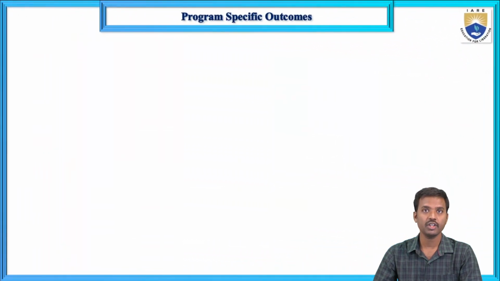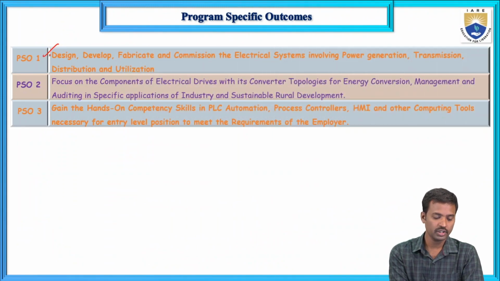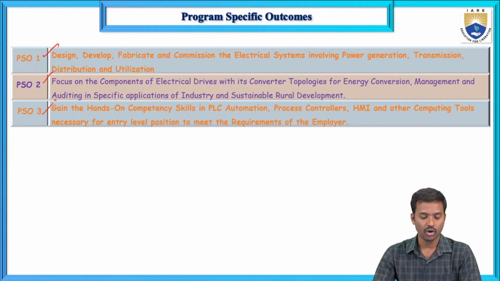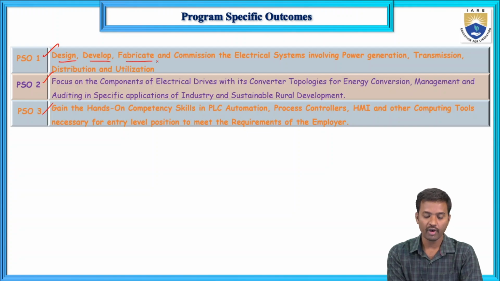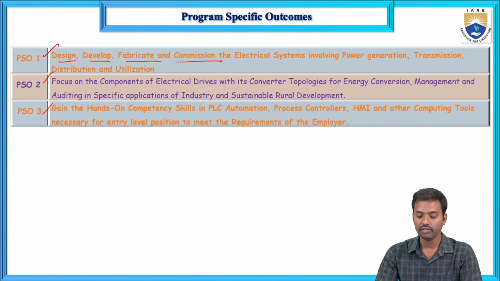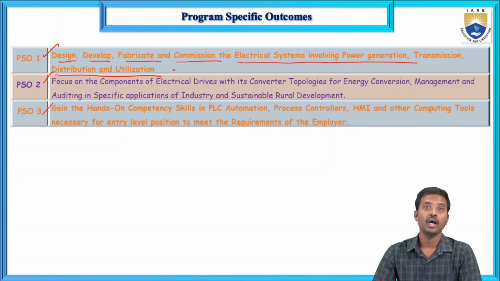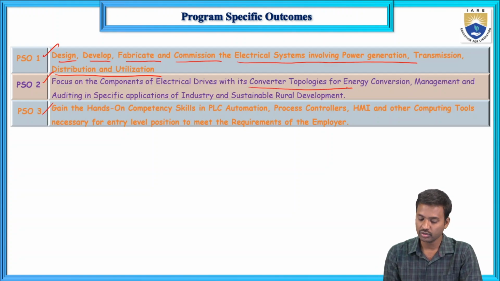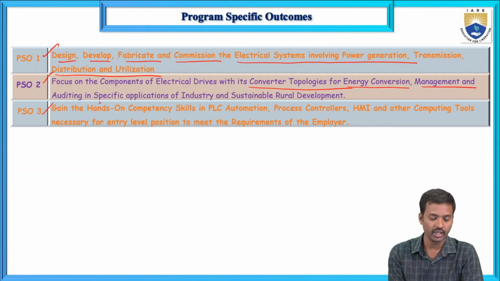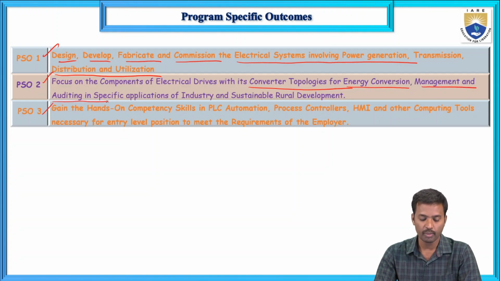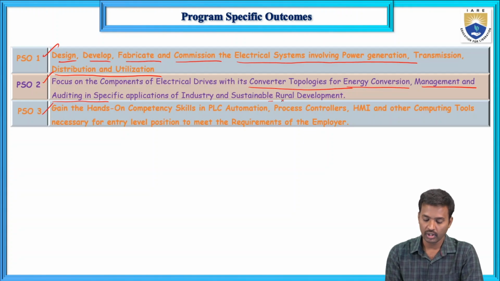Next, program specific outcomes. There are three program specific outcomes here: design, develop, fabricate, and commission the electrical system involving power generation, transmission, distribution, and utilization. Next, focus on the components of electrical drives with their converter topologies for energy conversion and management in specific applications of industry and sustainable rural development.